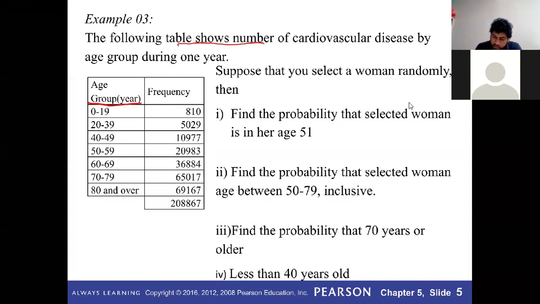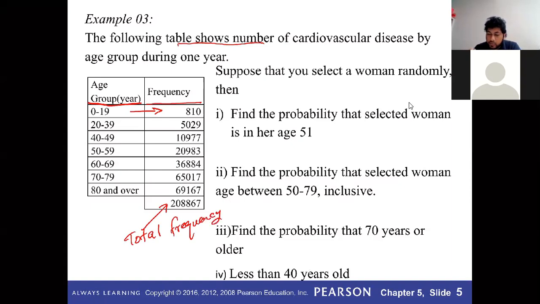Age group is the left column, and the frequencies are given for each age group. These are the frequencies for age group 0 to 19. It has 810. That's the frequency. What about the total frequency? This is the total frequency.